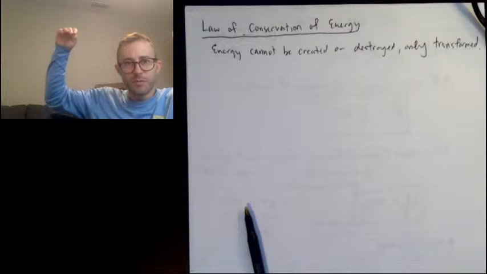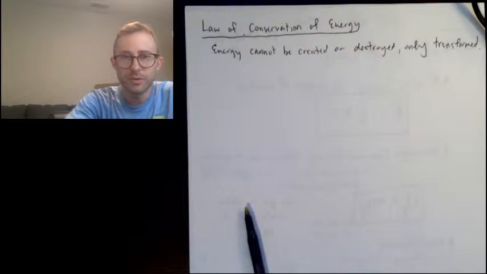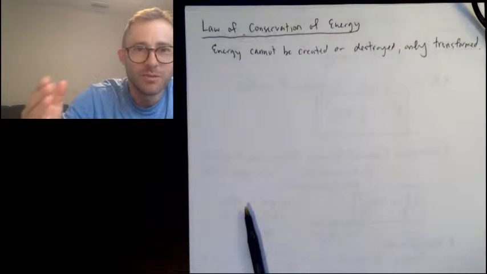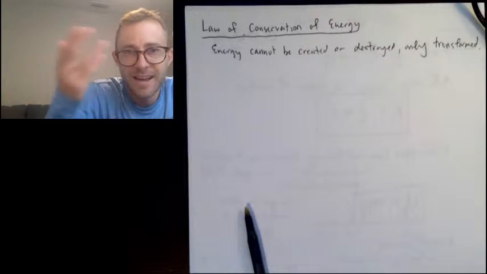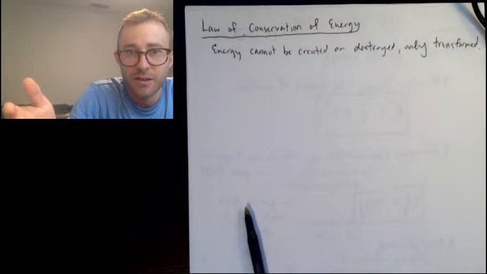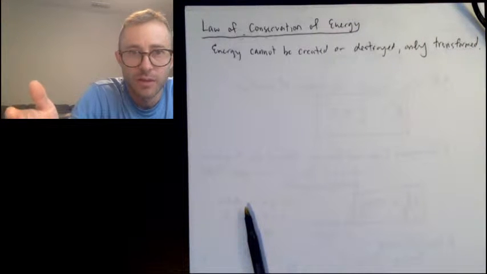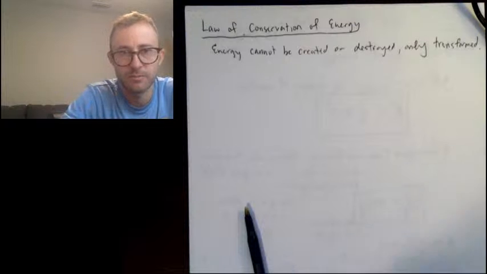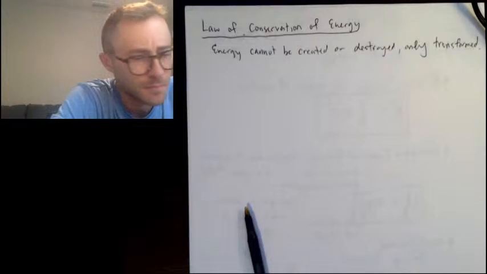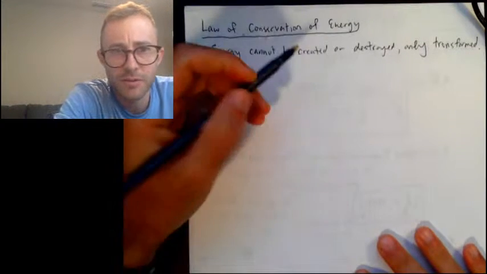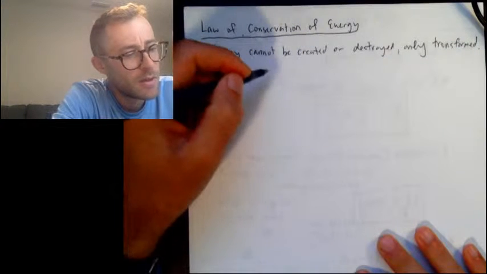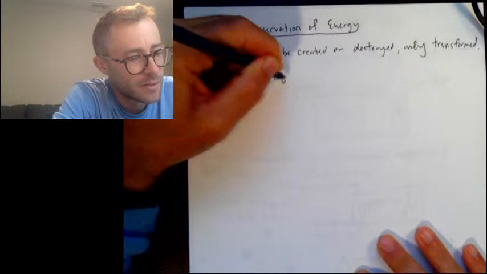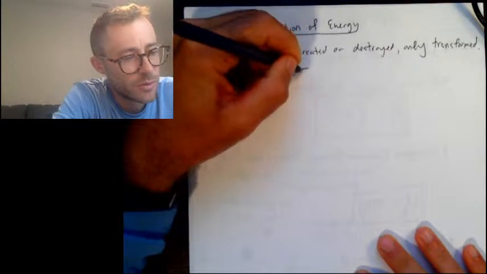So energy is being transformed, but the total amount is always going to stay the same. For example, if you lose 5 joules of gravitational potential energy while you're skiing, then you gained 5 joules of kinetic energy. You see how that works? So it's transforming, but the total amount doesn't change. Another way of saying that is that the initial energy is equal to the final energy.